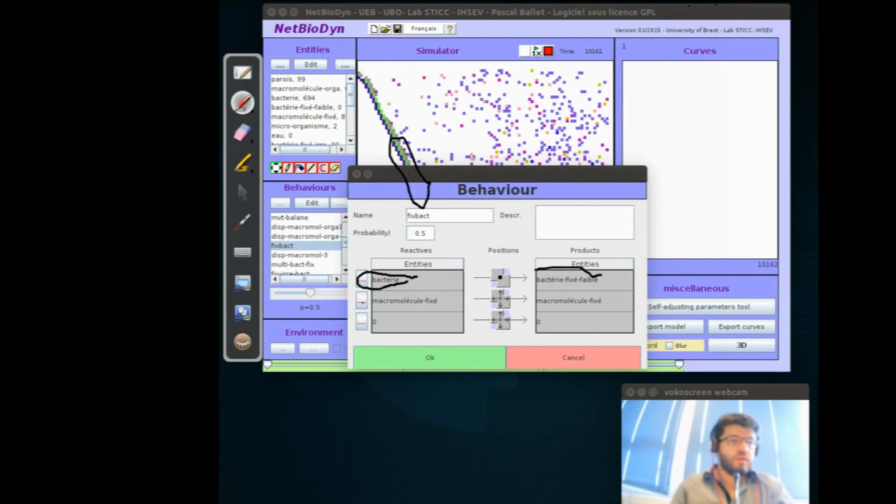Fixed bacterium. Weakly fixed bacterium. Weakly fixed bacterium have 50% to become irreversibly fixed.